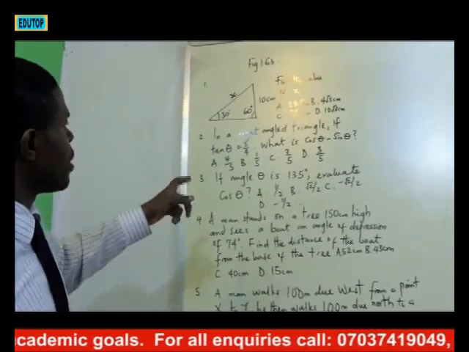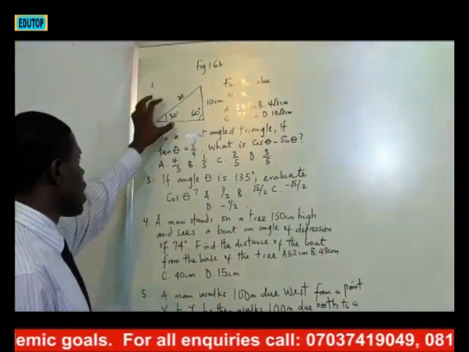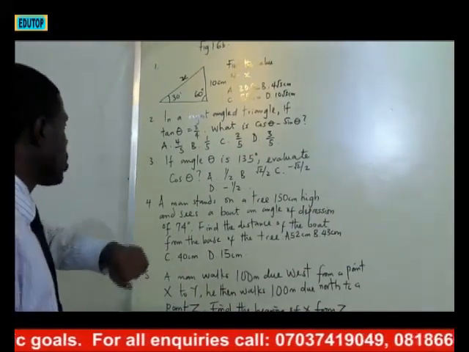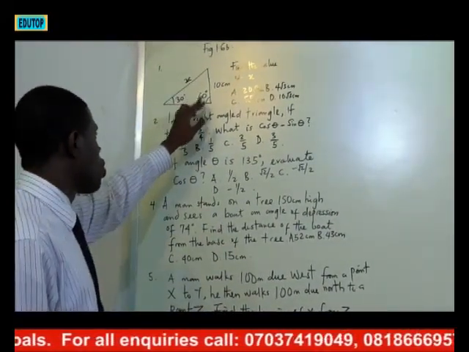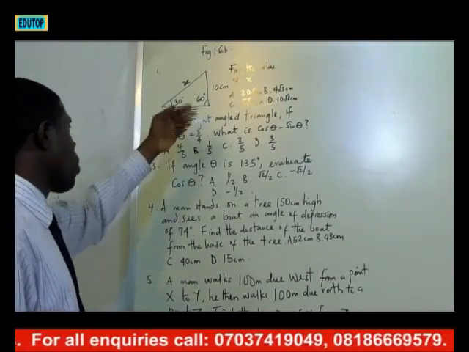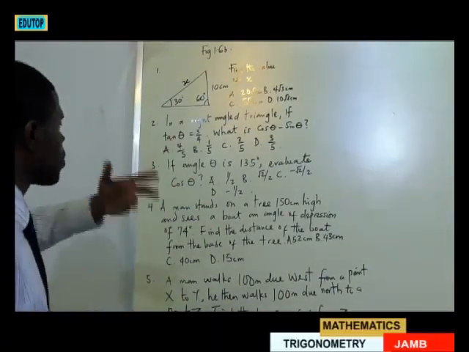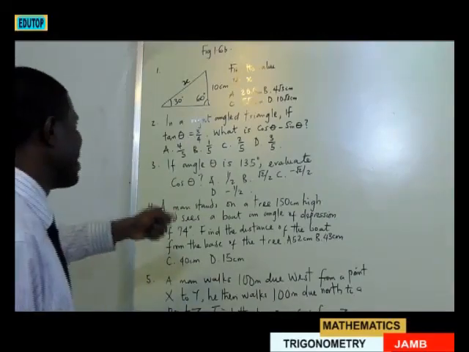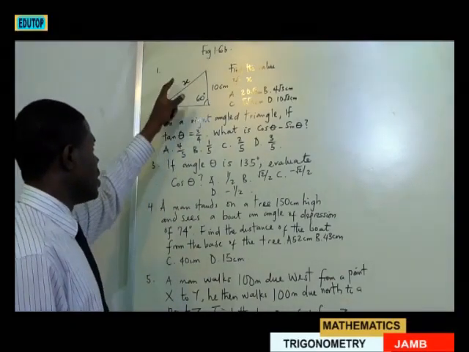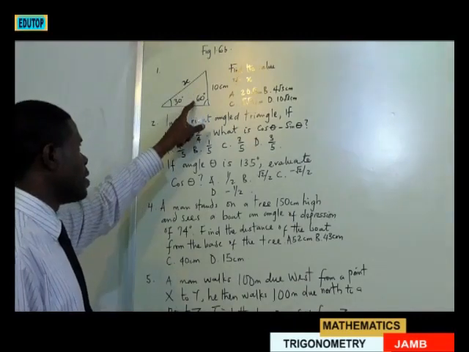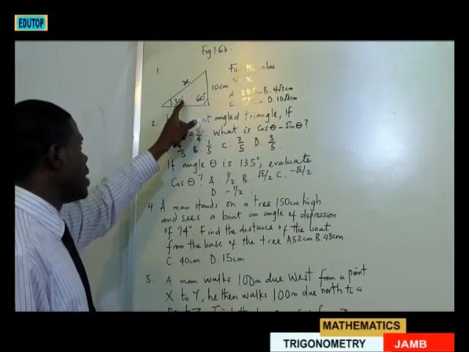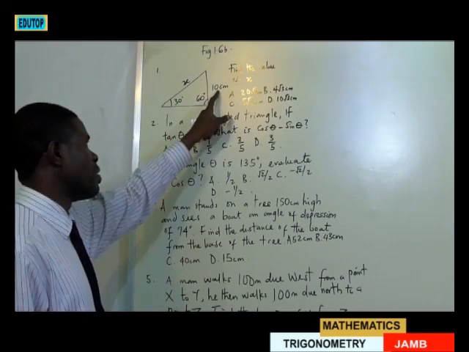So the first question says, find the value of x. We are given a triangle like this, such that we have two known angles. Even the third angle can be calculated because we know that the sum of angles in a triangle adds up to 180 degrees. But look at this. The side x, the angle facing it is here. Meanwhile, the side 30, the angle facing it is this.